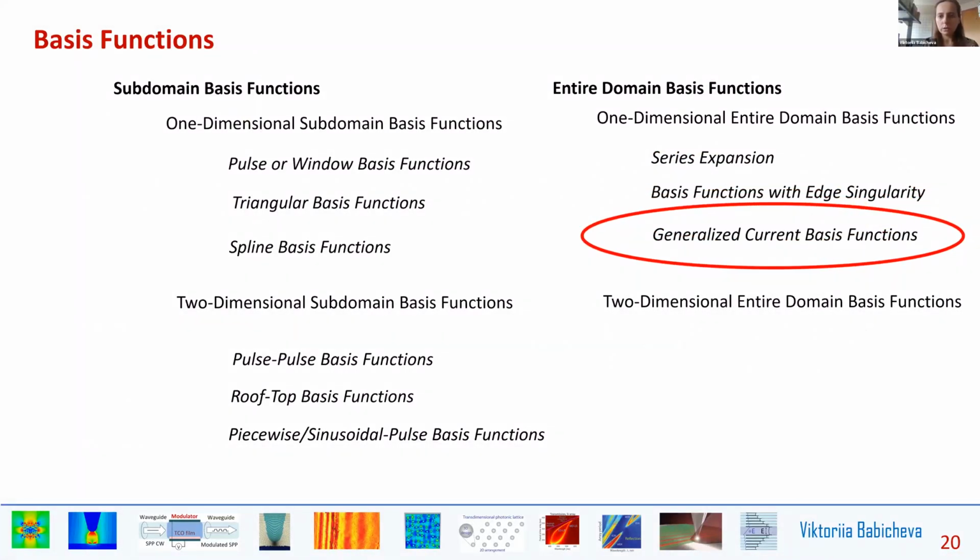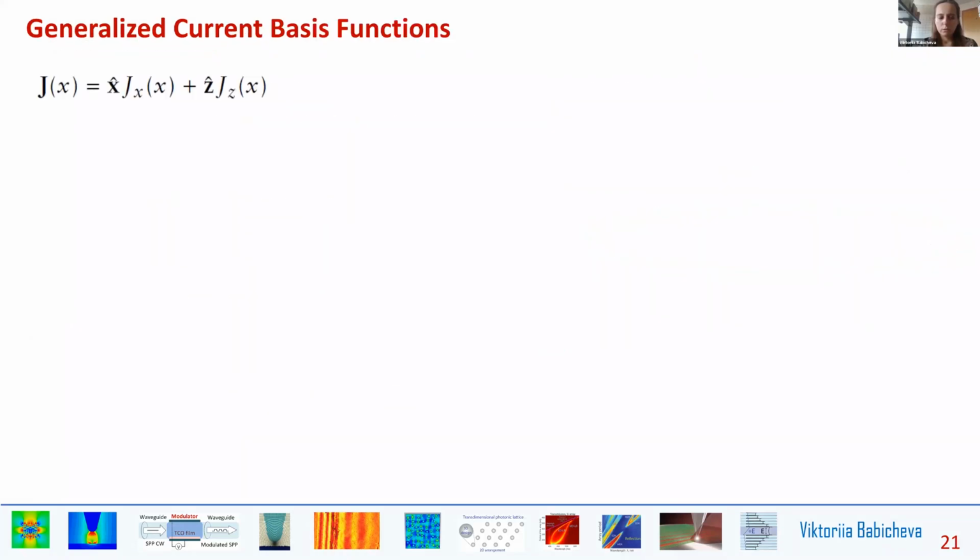So we can now discuss generalized current basis functions. Like conduction current J on a metal strip may be decomposed into a longitudinal part Jz and a transverse part Jx.